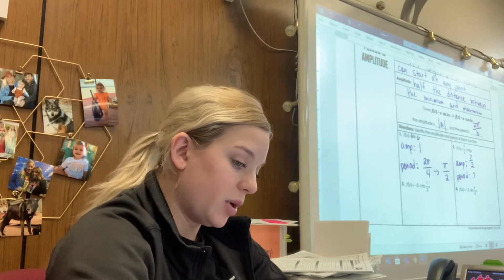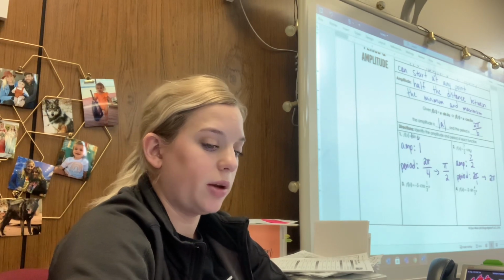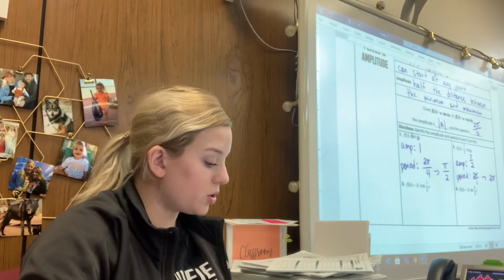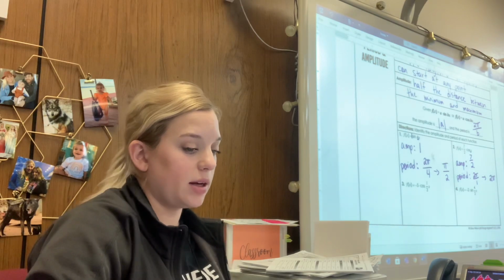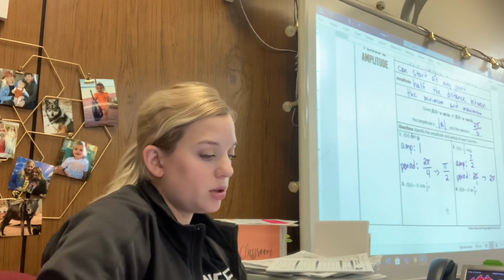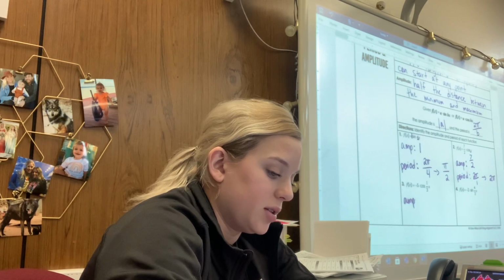So we would put 2 pi over 1, which essentially is the same thing as just saying 2 pi. Does that make sense? So just knowing that it's the absolute value of a or b. If we were to have a negative, like down here on number 3, our amplitude is technically -5, but since it's supposed to be the absolute value, our amplitude is just 5.